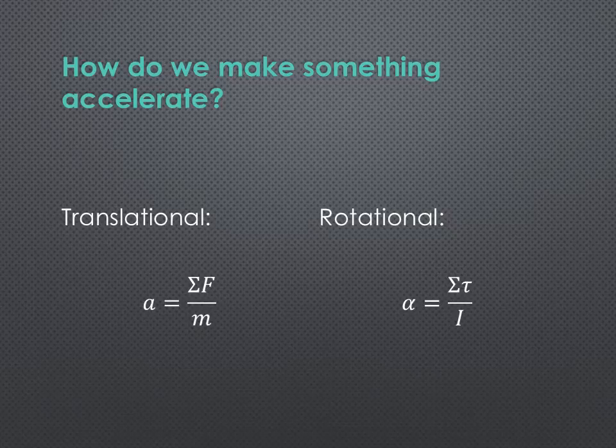So your angular acceleration is proportional to your net torque and inversely proportional to how much that object wants to resist a change in its rotational motion. This is the rotational version of Newton's second law. We'll work on calculating net torque in a later lesson, but I want you to see this and understand the relationship and the analogy.